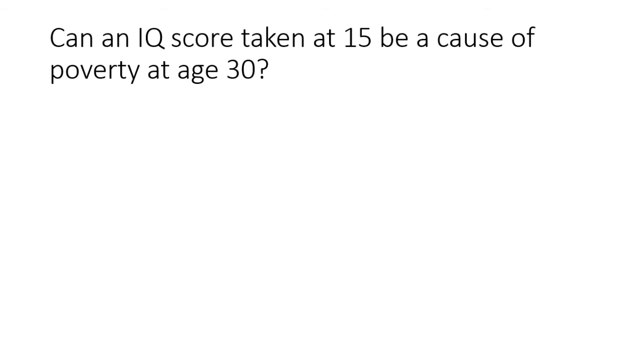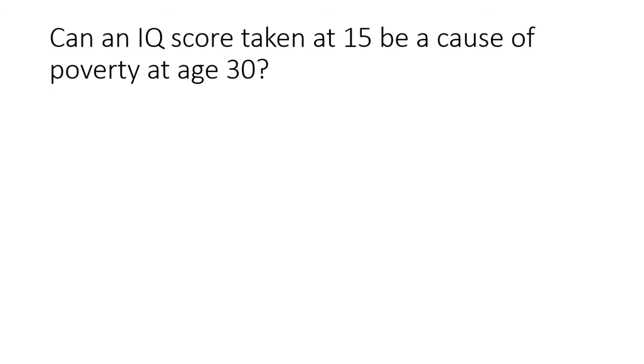So can an IQ score taken at 15 be the cause of poverty at age 30? This is kind of what the whole chapter is about. What's IQ's role in the probability that you grow up poor or are in poverty?